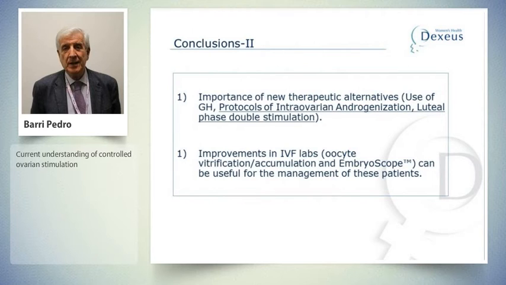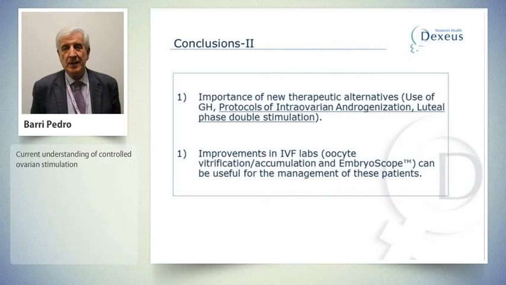There are new strategies that can be used, the use of growth hormone, intraovarian androgenization, even by giving oral androgens or transdermal androgens, luteal phase double stimulation, a protocol you will see in the literature called duo-stim or duplex for low responders.